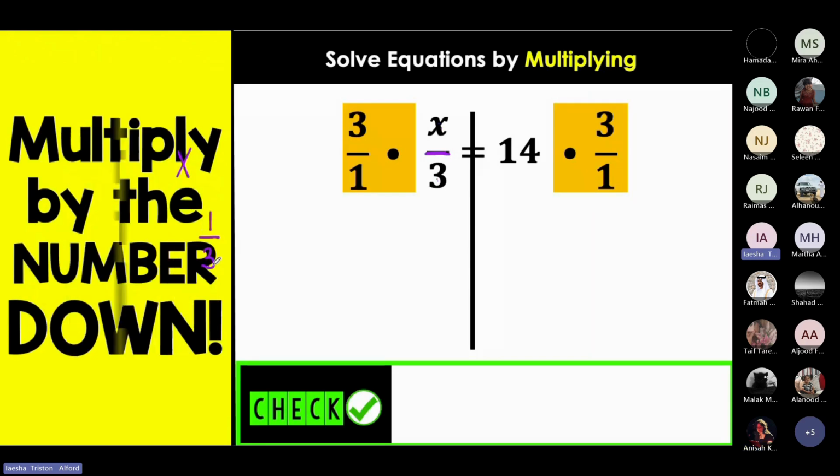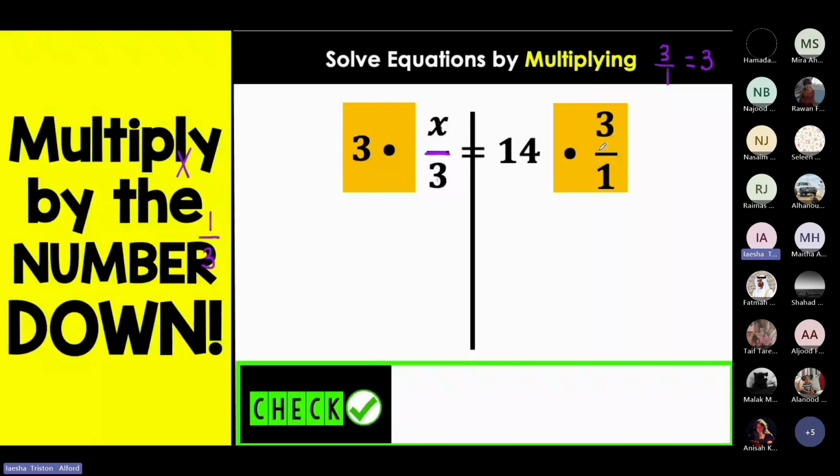You can also multiply just the number down and put positive 3. They are the same thing. They are equivalent. So for this one, you can multiply by the number down, or you can multiply by the flip. Positive 3 divided by positive 1, if you put it in the calculator, gives you positive 3.